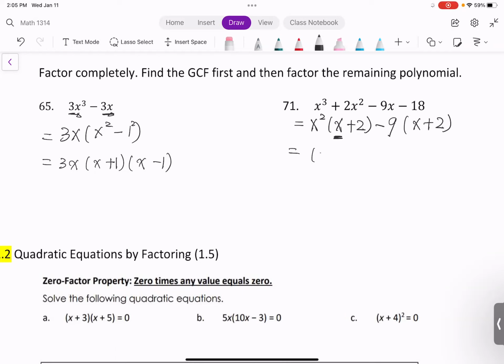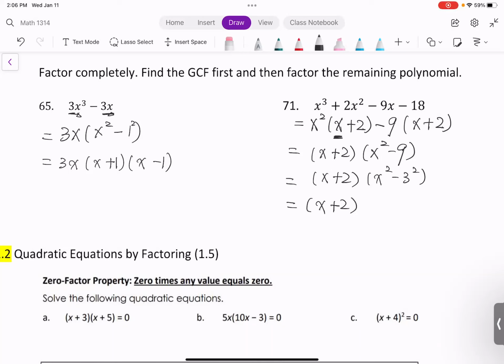So factor out the GCF, x plus 2, then multiply by x squared minus 9. Are we done? No, because the second factor is x squared minus 9. 9 is 3 squared. So we can express it like x plus 2 times x squared minus 3 squared. Use the conjugate formula: x plus 2 times x plus 3 times x minus 3.